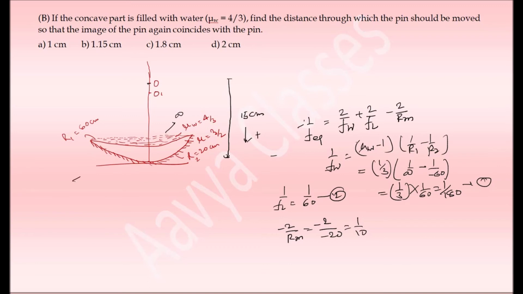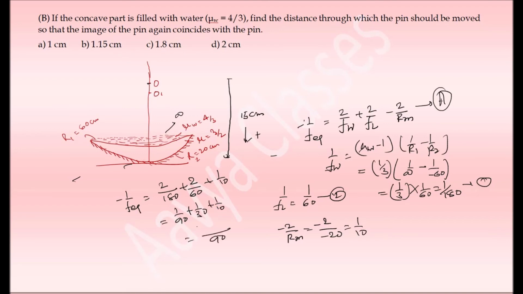Now if we put all these things in our equation A, then minus 1 by F equivalent is equal to twice by 180 plus twice by 60 plus 1 by 10, and it is equal to 1 by 90 plus 1 by 30 plus 1 by 10.